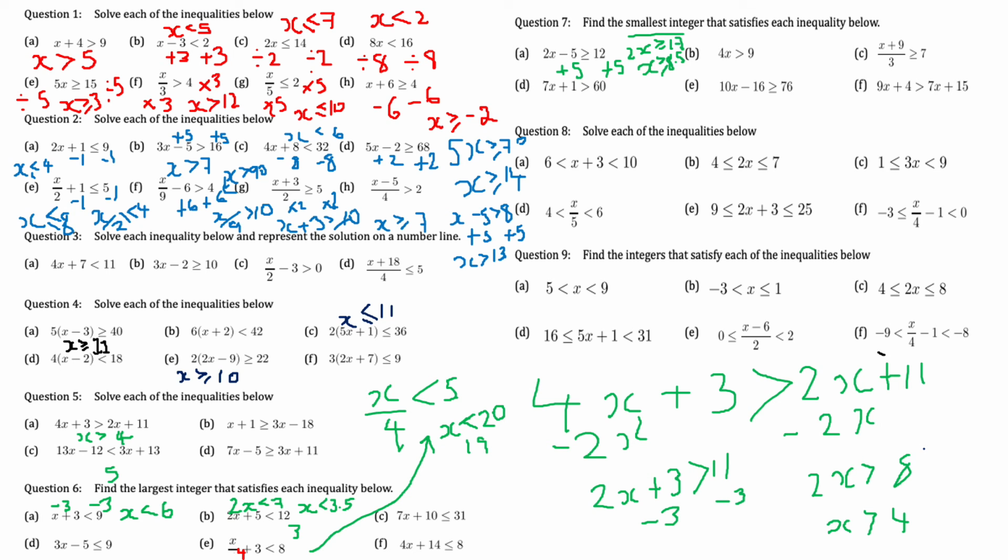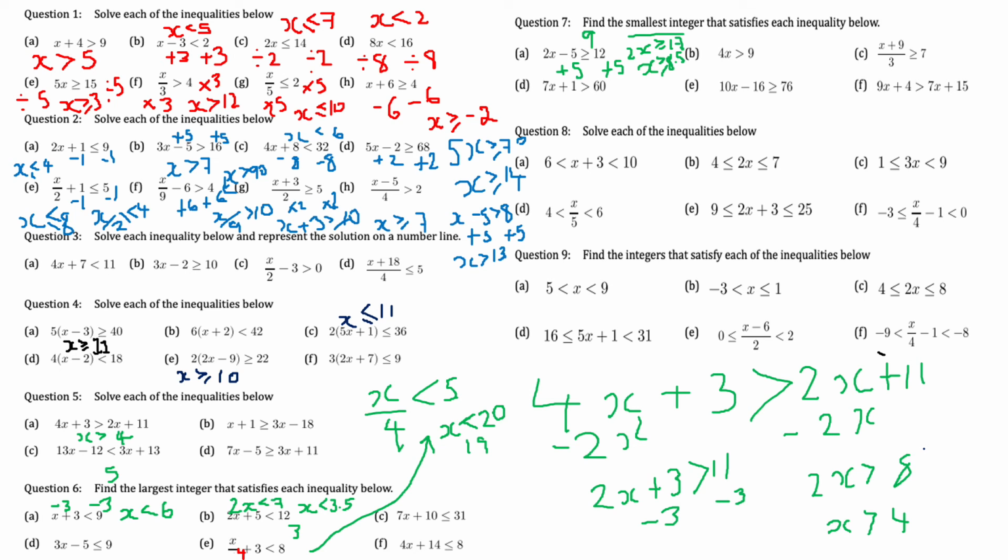So the largest possible value... the smallest possible value would have to be that x would have to be equal to 9, because that's the smallest one, essentially.